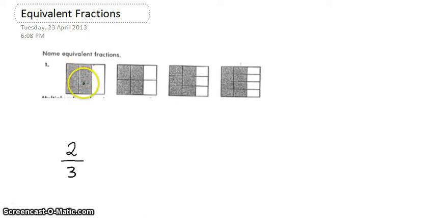And if I multiply my 2 parts there by 2, I'm going to get my 4 parts here. And then if I multiply my 3 total parts that I've got in my fraction also by 2, I'm going to get my 6 parts here.